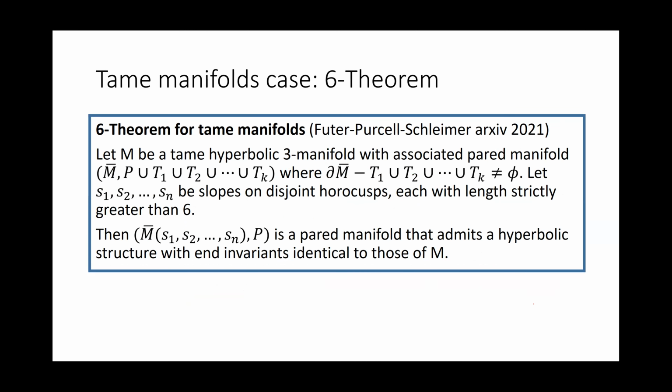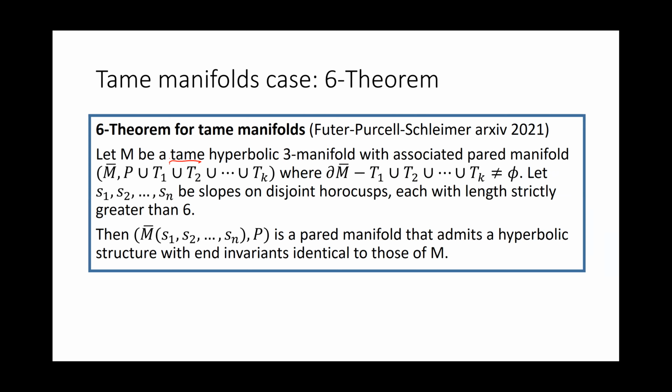And Dave and Saul and I needed this in the case of infinite volume manifolds. So when we say a tame hyperbolic three manifold, we just mean finitely generated fundamental group. It's going to have some sort of a paired manifold associated with it. And again, some of the boundary components will be tori, and we're going to take slopes on those with length strictly larger than 6.